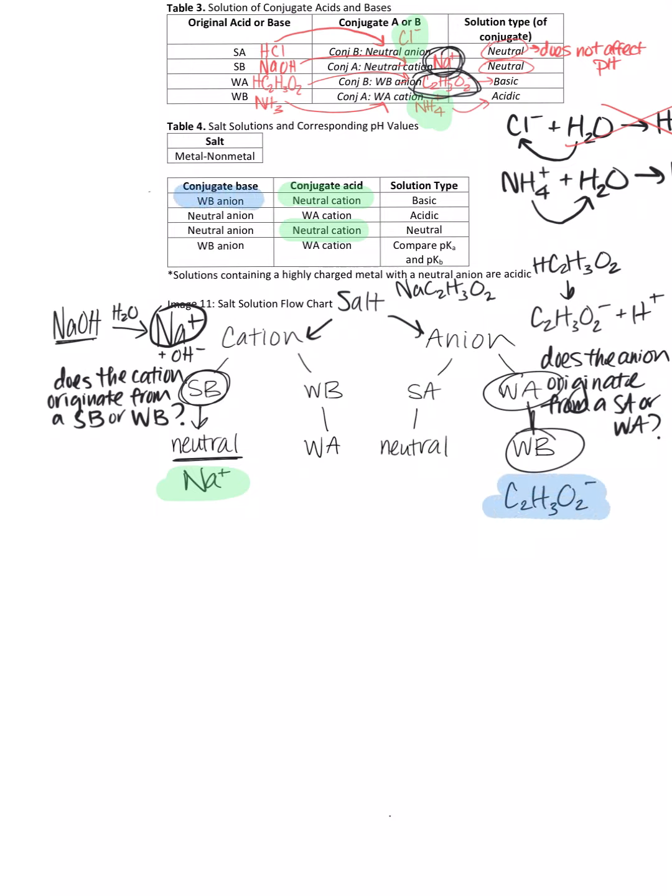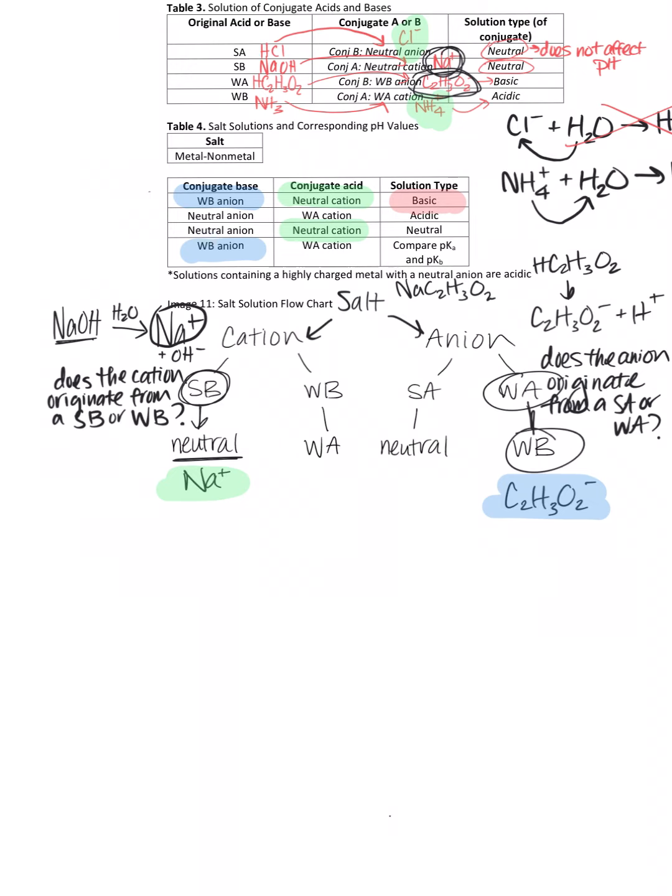It looks like the only time that those two overlap, where we have a weak base anion and a neutral cation, that makes a basic solution. So you're looking for the row that has both the cation and anion that you just identified. Neutral and weak base is right here, therefore solution type is basic.